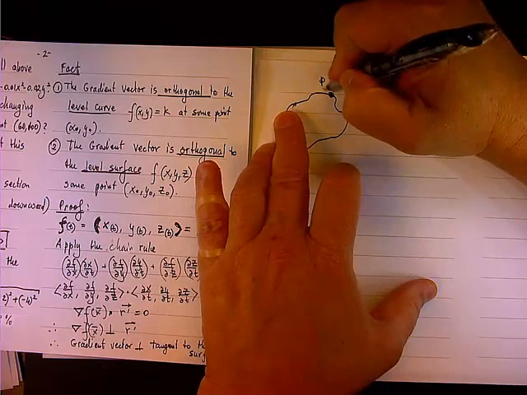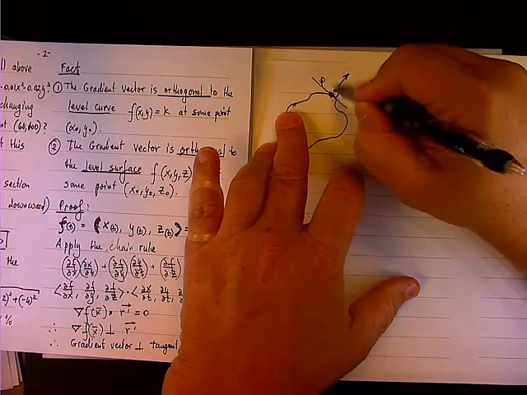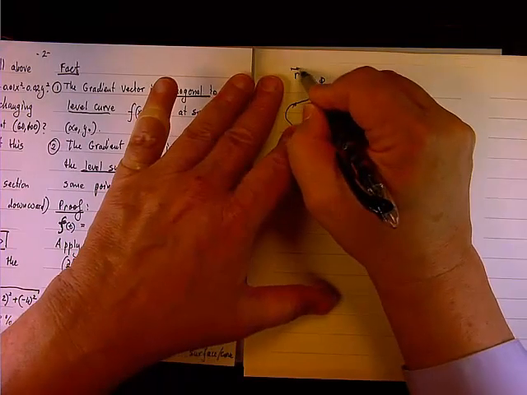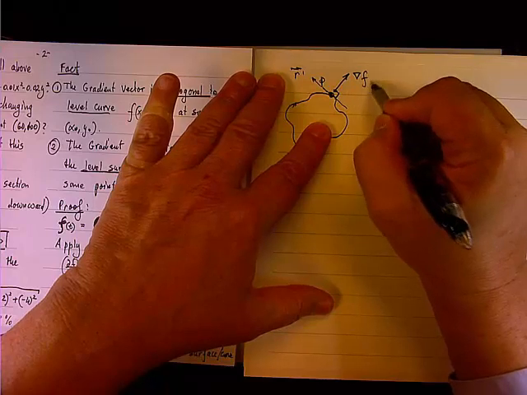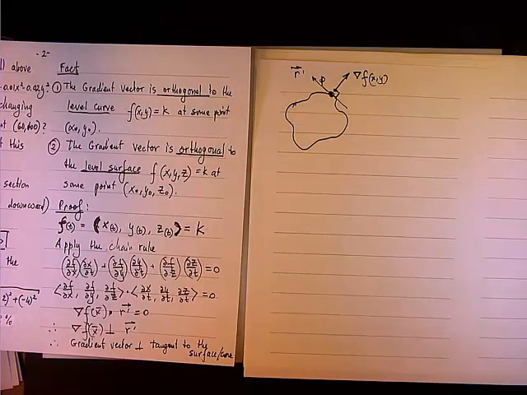So this will be the tangent, and the gradient will be in this direction. This will be the direction of r prime, and this will be the direction of del f of x, y in this case. It's tougher to draw it in 3 dimensions.